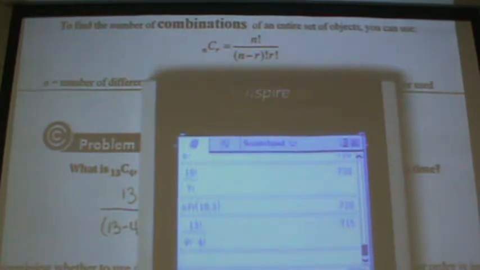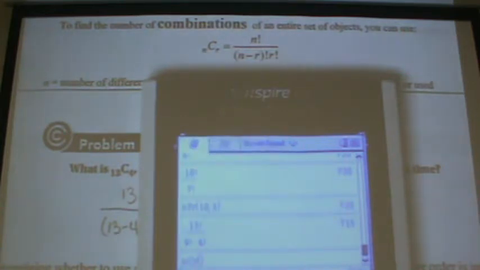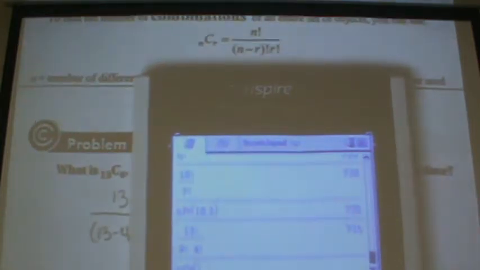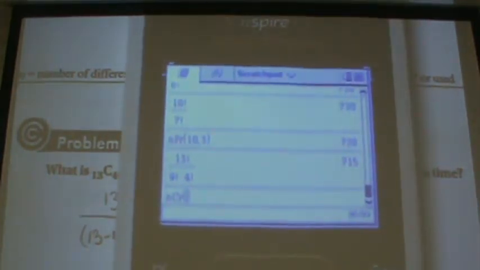There is also, on the Inspire, a combinations button, and that's number 3 in the probability section. And you can hit that, and again, you're going to type that in as an ordered pair, with the entire set, comma, what you're finding, and that gives you your 715 as well.